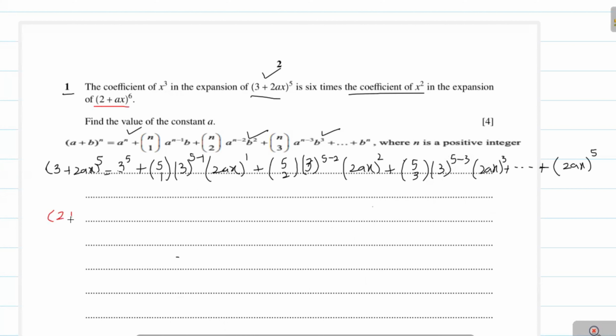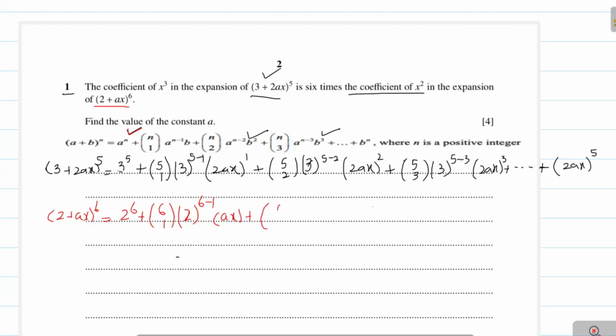Therefore, we write (2 + ax)^6. We will use this formula again. Here a is 2 and n is 6, so we have 2^6 plus 6C1 into 2^(6-1) into the second term ax.